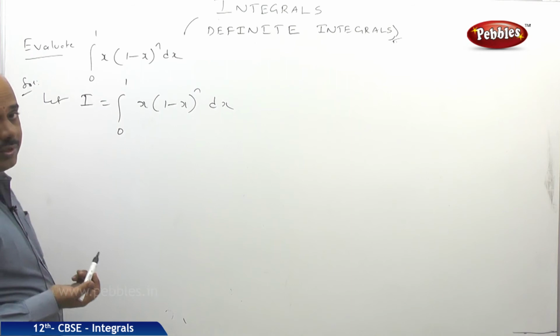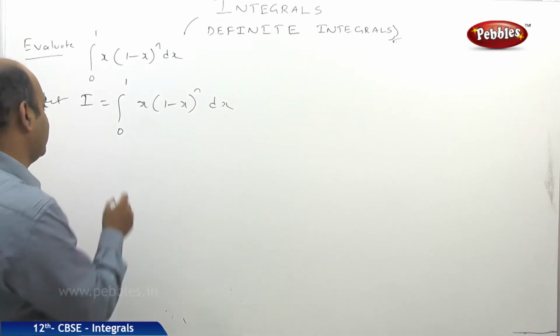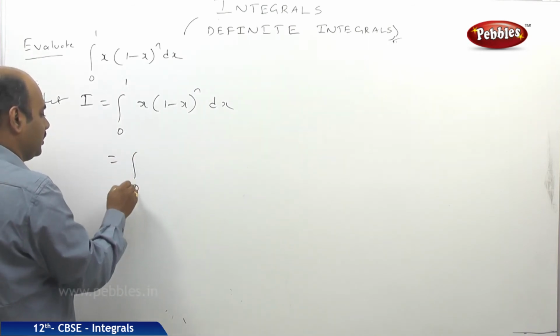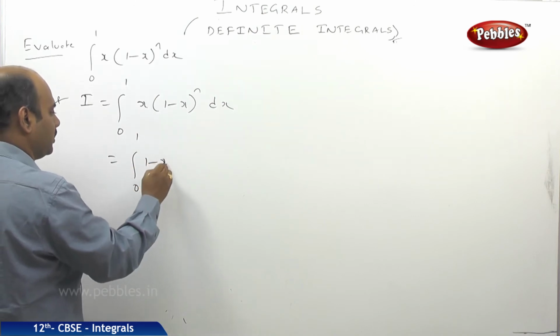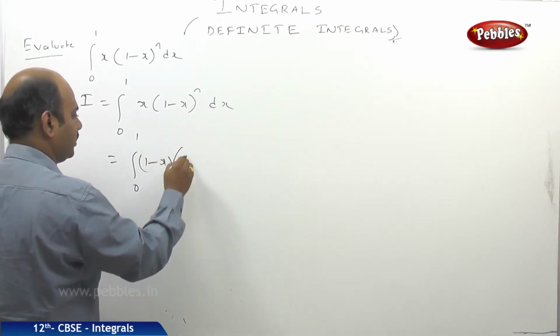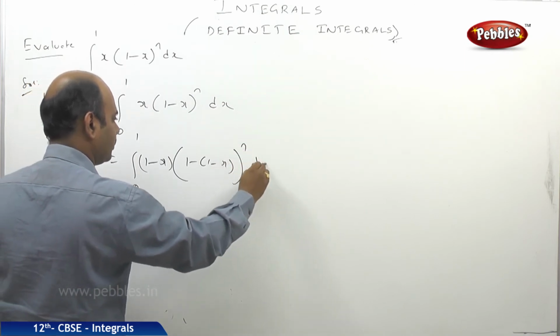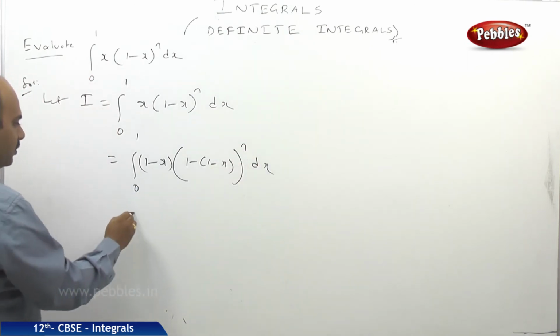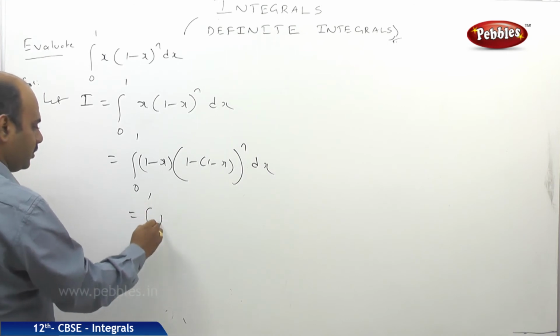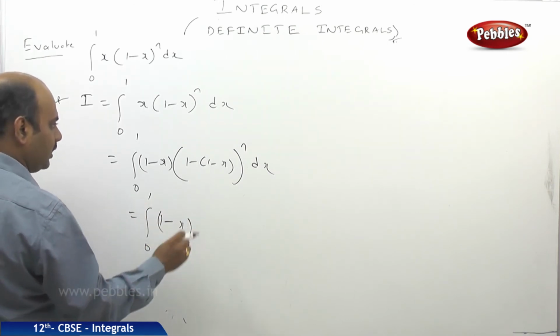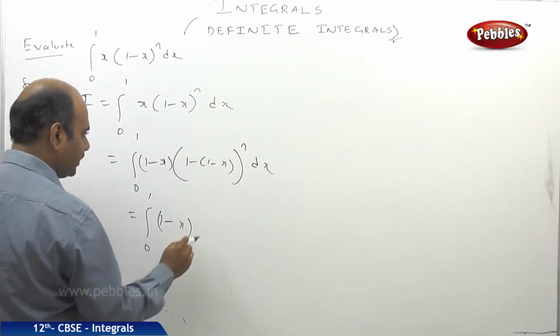So in place of x, I can substitute 1 minus x. So what happens? Integral 0 to 1 in place of x, 1 minus x. That means 1 minus of 1 minus x whole power n dx. So this turns down to integral 0 to 1 1 minus x. I think 1 will be getting cancelled.